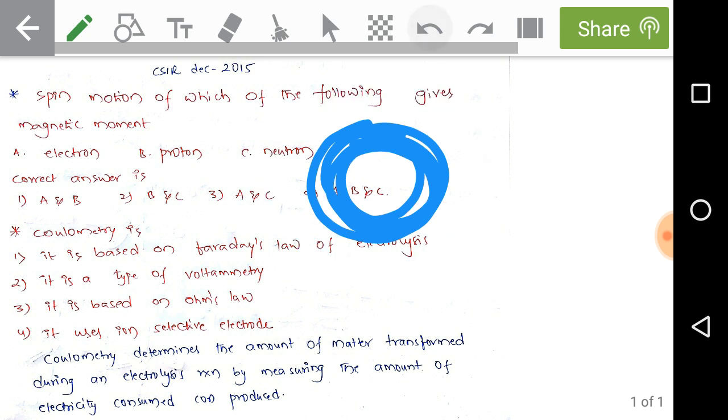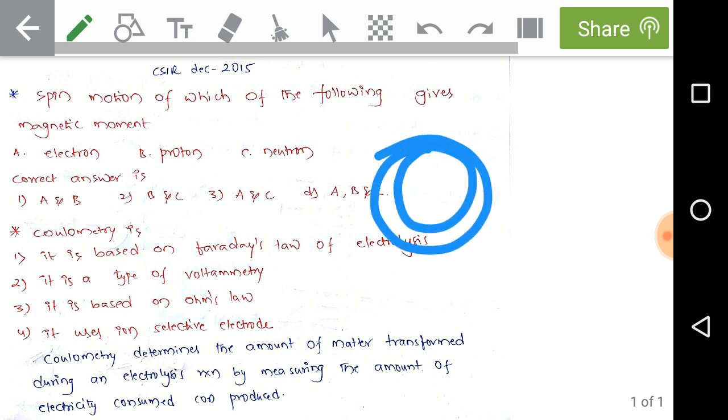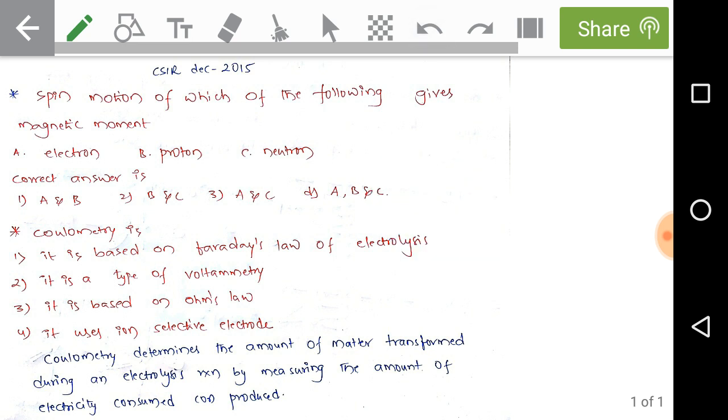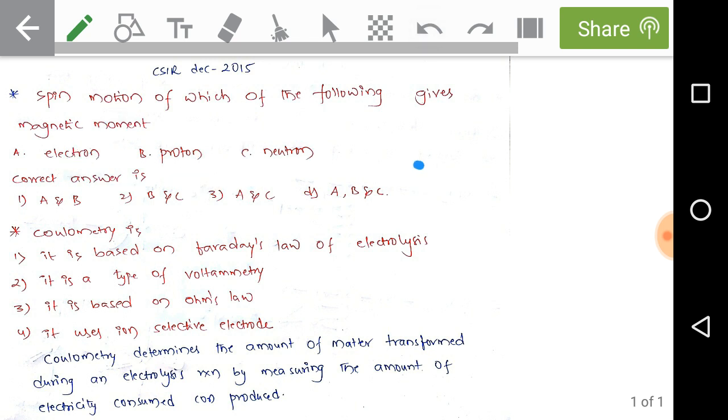So there is no question of whether it is proton, electron or neutron. If any particle spins, it generates a magnetic moment around it. So here all the given particles, electron, proton, neutron, are correct options. That is, option D is correct for the given problem. That means spinning of all these, electron, proton, neutron, results in a magnetic moment.